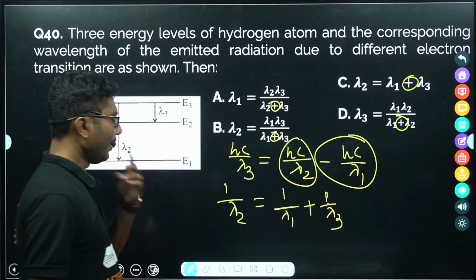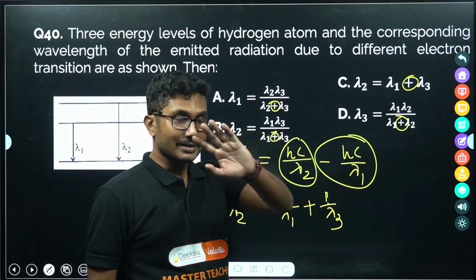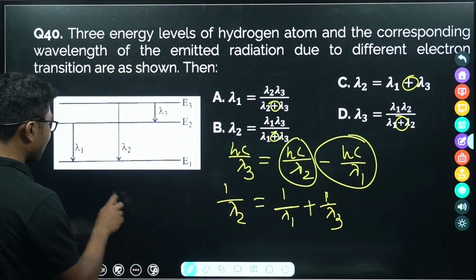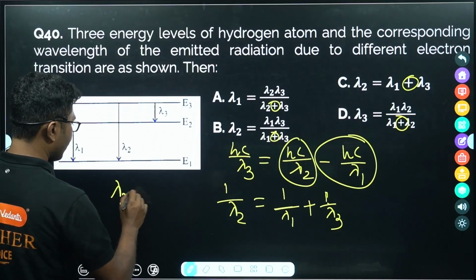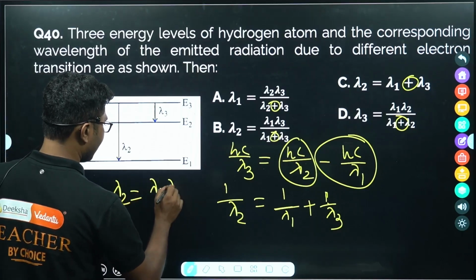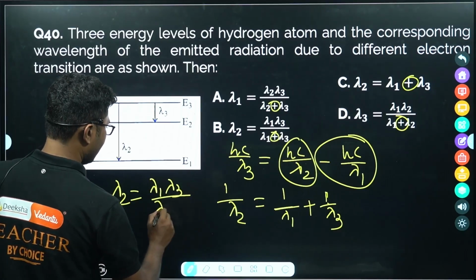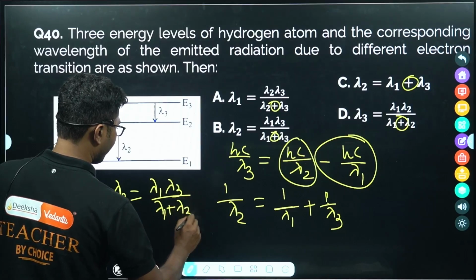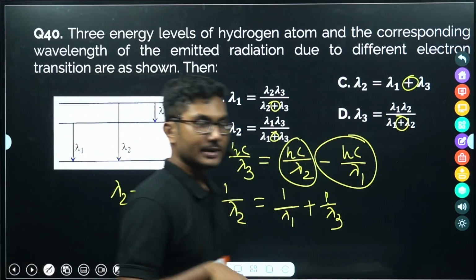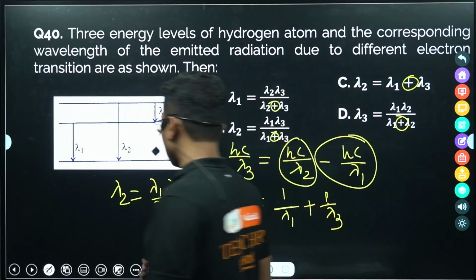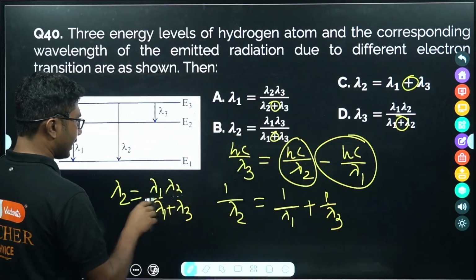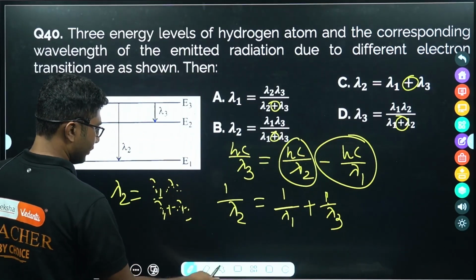Right? Now from the parallel resistance combination, we can simplify this by using one line only, that lambda 2 is basically lambda 1 lambda 3 by lambda 1 plus lambda 3. Remember, when two resistors are in parallel, we can write R1 R2 by R1 plus R2. Similarly, we can write this using the same logic.